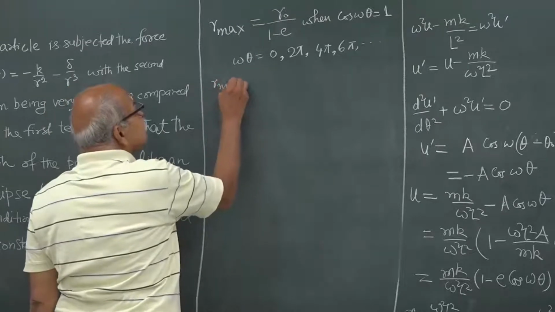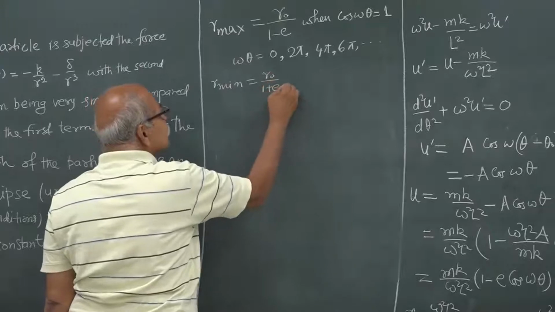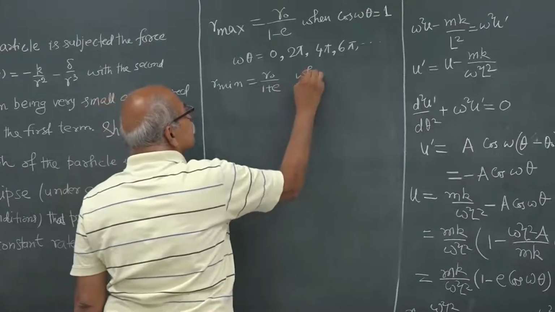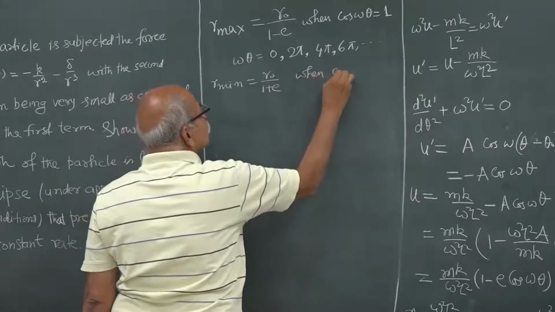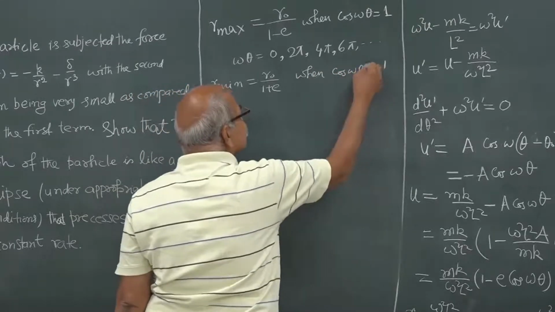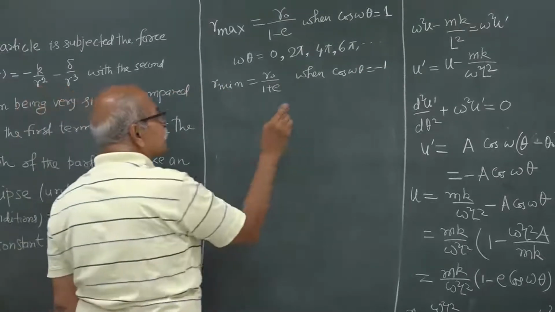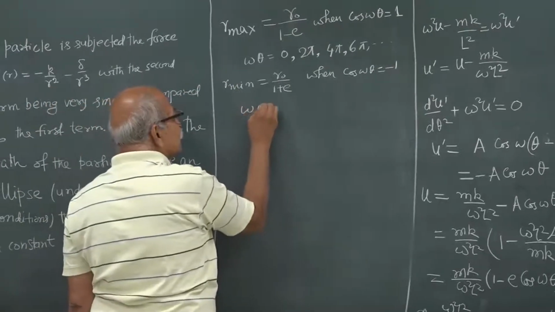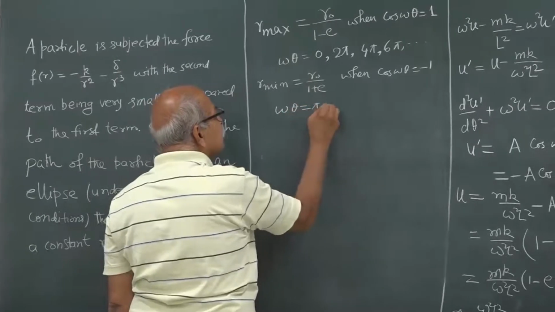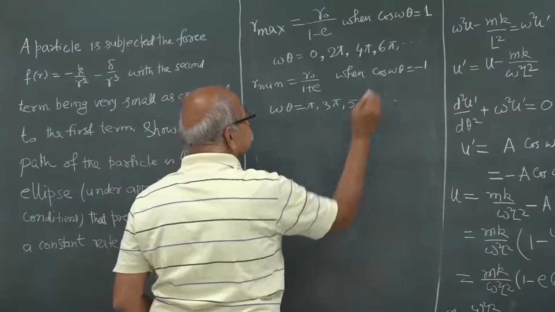R minimum is r naught divided by 1 plus e, when cos omega theta is minus 1, which means omega theta should be pi or 3 pi or 5 pi and so on.